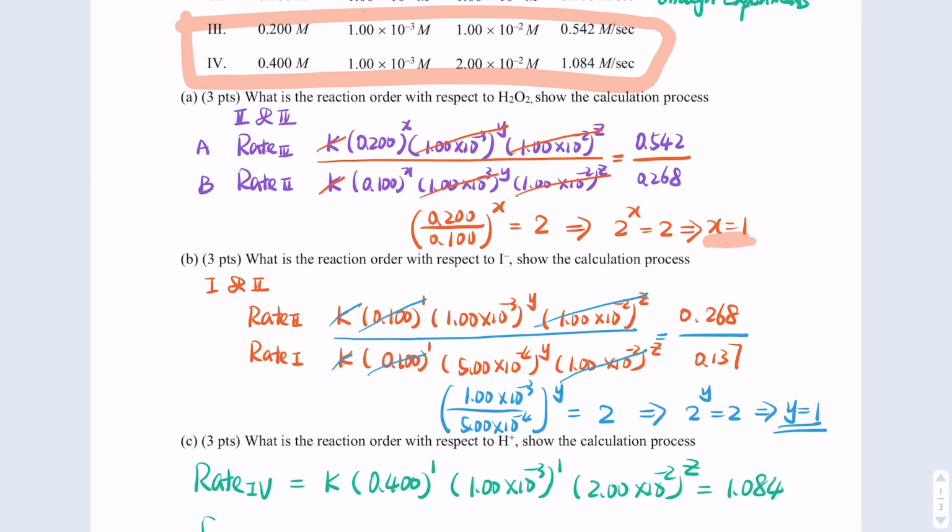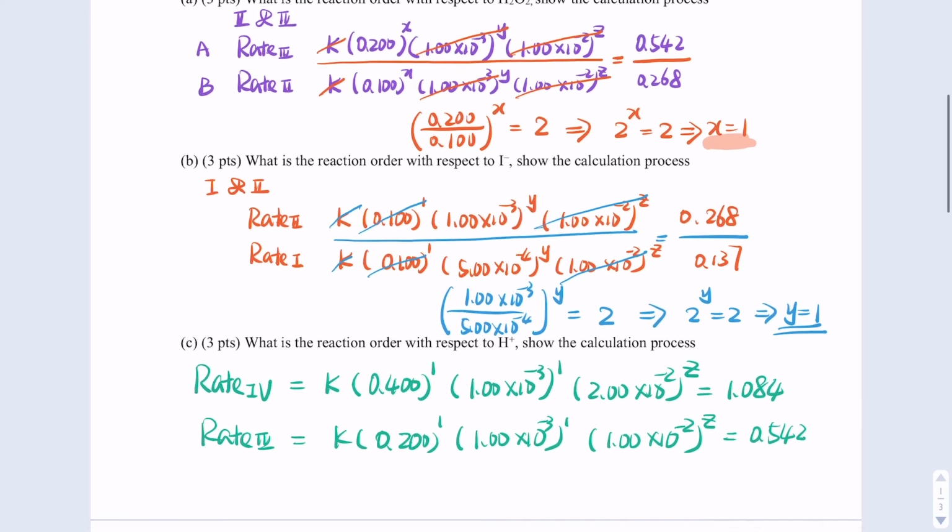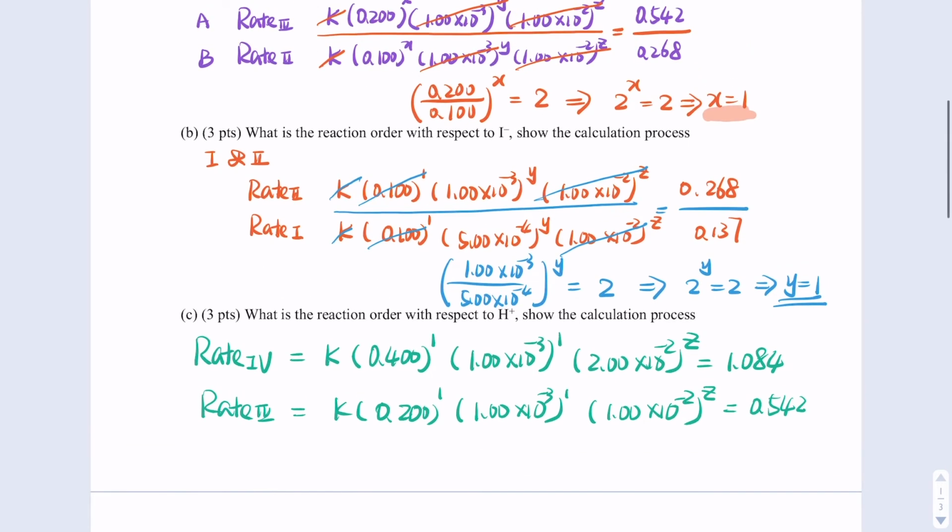We can also do rate 3 equals k times 0.2 to the power of 1, 1 times 3 to the power of 1, 1 times 10 to the power of negative 2 to the power of z, which equals 0.542.